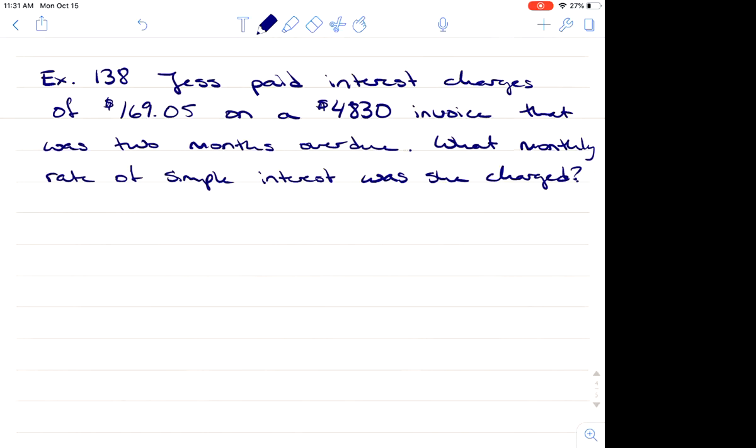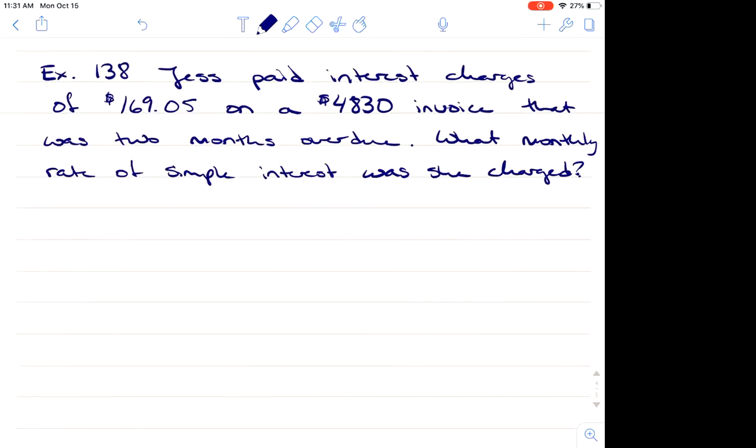So what do we have here? So we have the amount of interest, 169.05, right? The principal that she was owing, right, when they sent the invoice is $4,830.